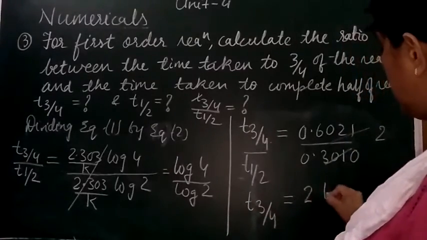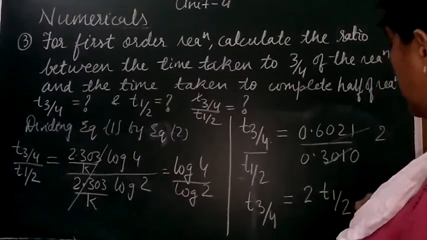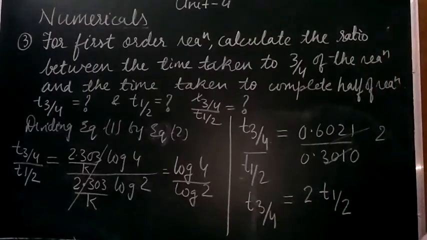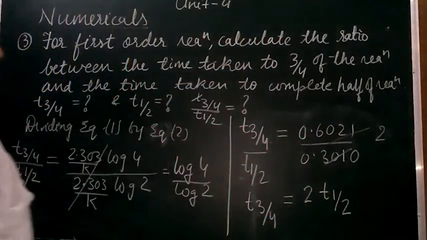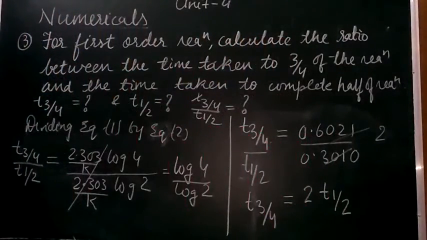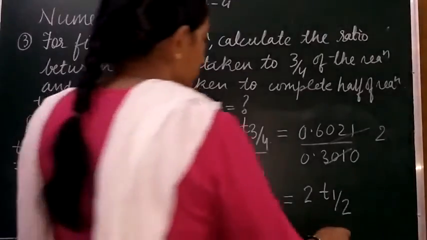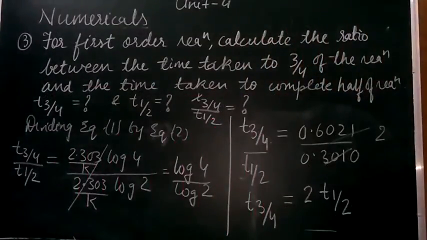It equals twice t half, right? This is there: t 3/4 equals twice t half. So here the 3/4 life period, or the time period, will be just double that of the t half, right, students? So you are going to do this in this way.